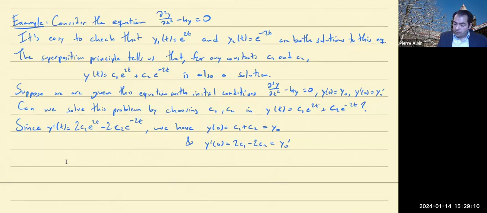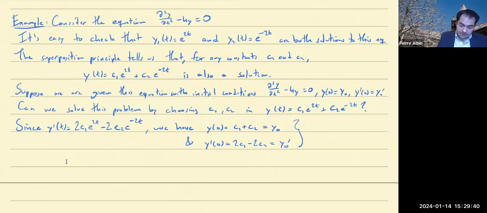Okay, so we want to solve this system of equations, and it's easy enough to solve it just by staring at it, right? Because, for example, if you multiply this equation by 2 and then add it to this equation, you'll cancel out the C2s and you'll find C1. And if you multiply this equation by 2 and then subtract this equation, you'll get rid of the C1s, and you'll find the C2. Right?